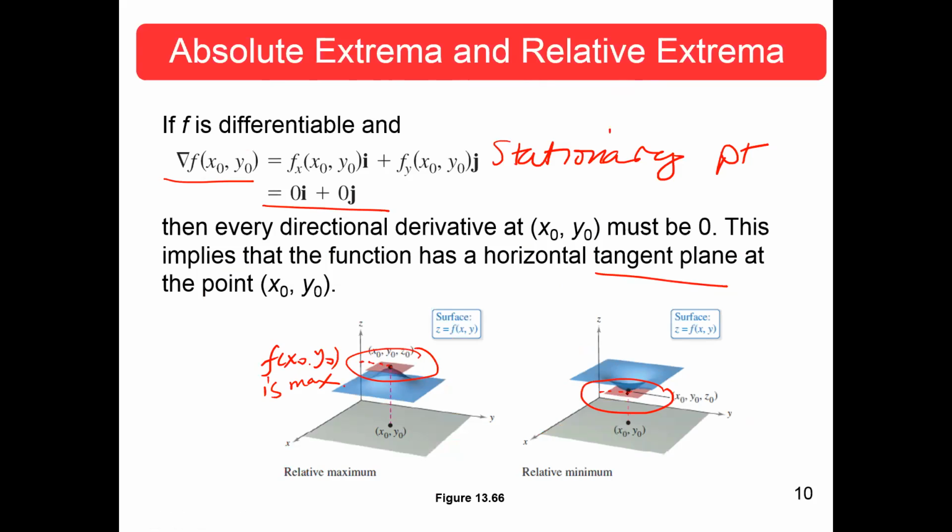In this graph over here, f of x0, y0 is the lowest point, a min, right? So the horizontal tangent plane, the corresponding point, will give you either a max or a min.